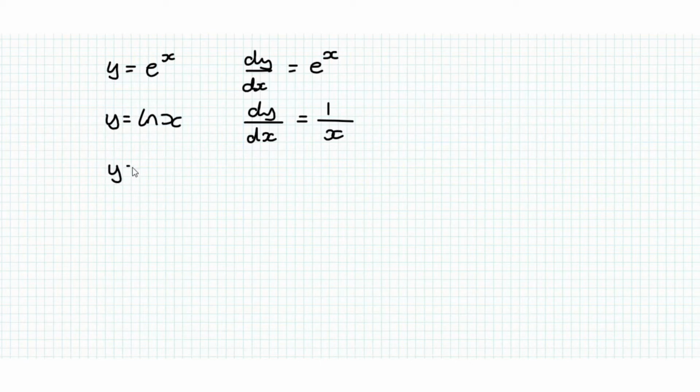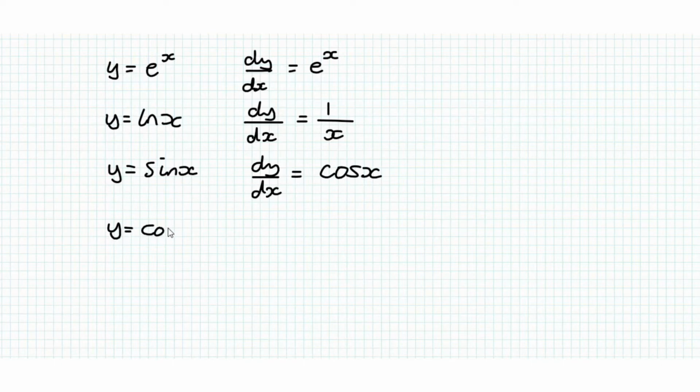Now we'll just go on to sine and cosine. So y equals sine x leads to a derivative of dy by dx equal to cos x, and then finally y equals cos x means dy by dx is minus sine x.